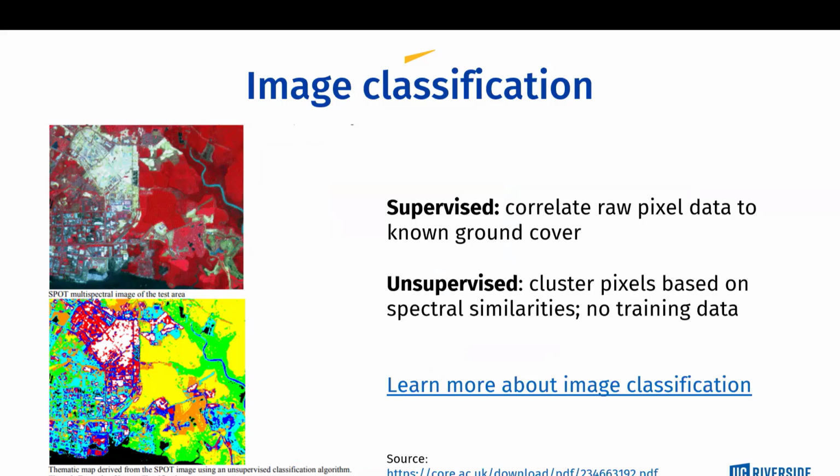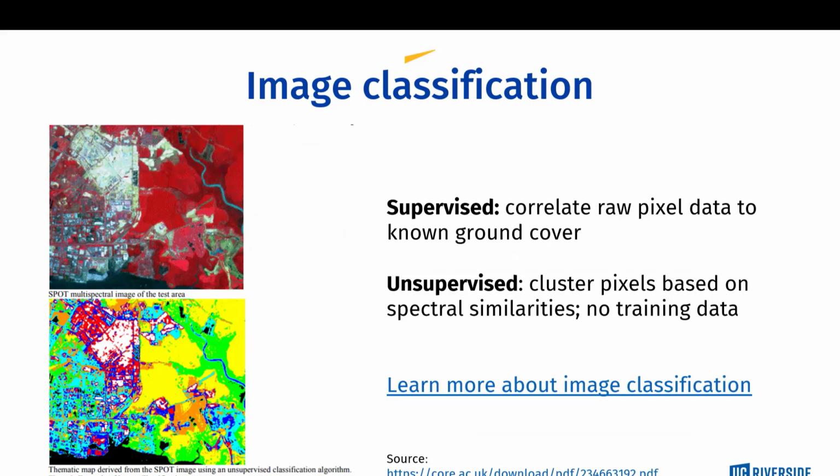If it's supervised, that means that the pixel data has been correlated to known ground cover in this area. Then, now that they have another image with unknown ground cover, they can be fairly confident that they know what the ground cover is just based on what the pixel data was from this other area where they did have that knowledge. The unsupervised just means we're finding pixels that have spectral similarities.